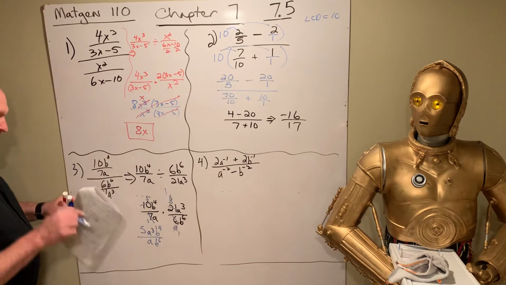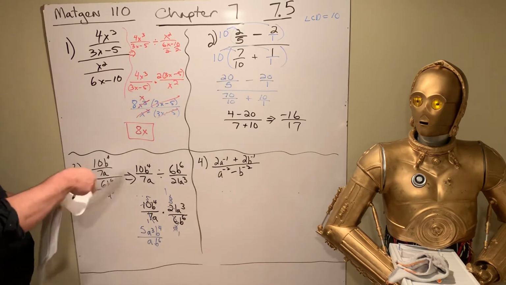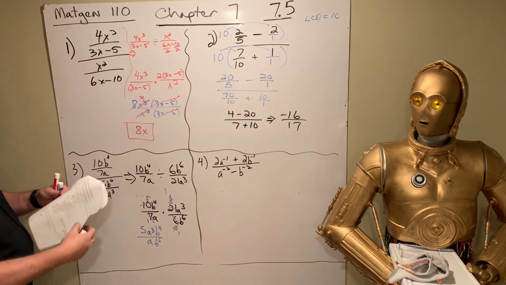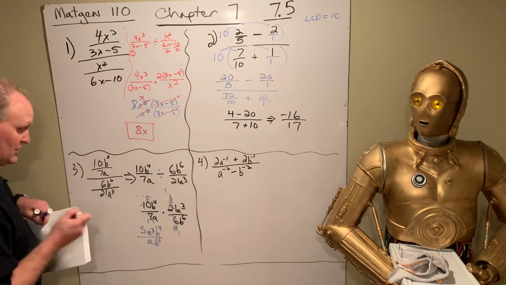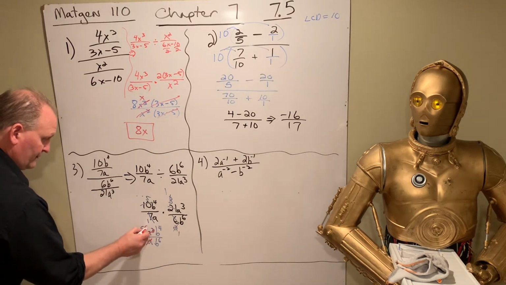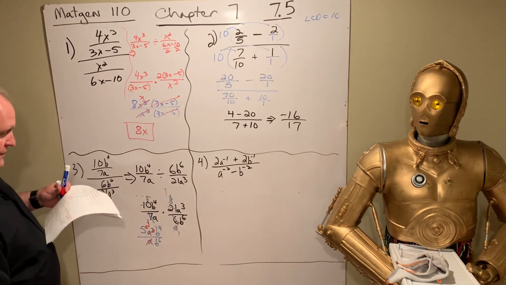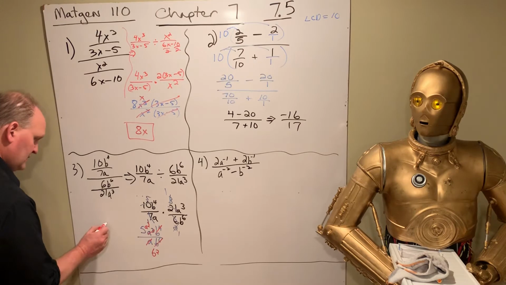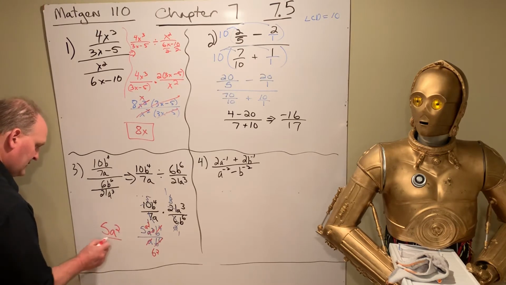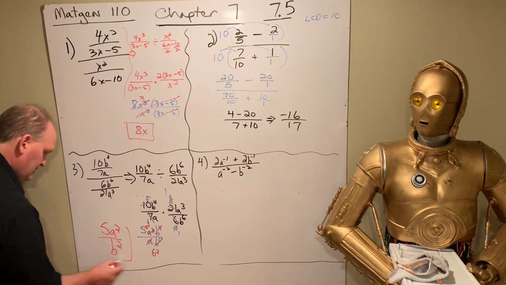And so then let's reduce that. And what do we end up with there? 5a squared over b to the 2nd. So there's our answer. 5a to the 2nd over b to the 2nd.